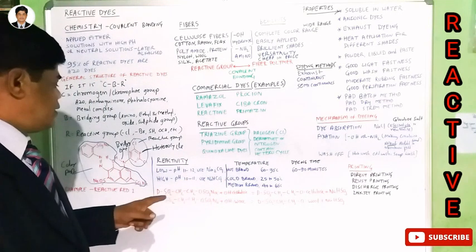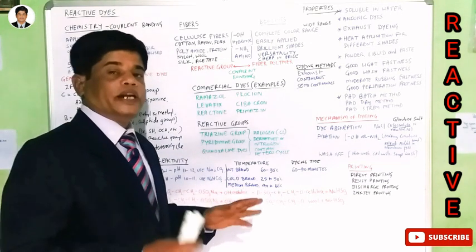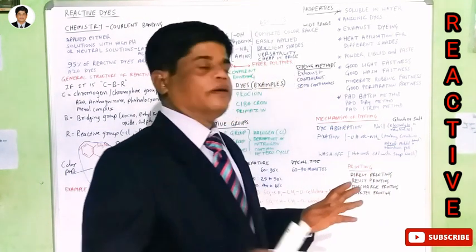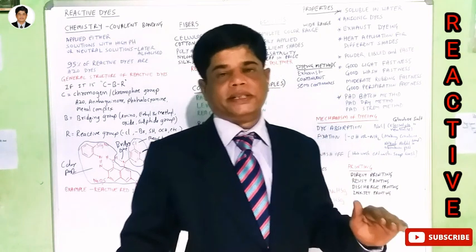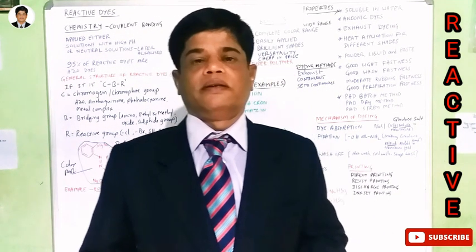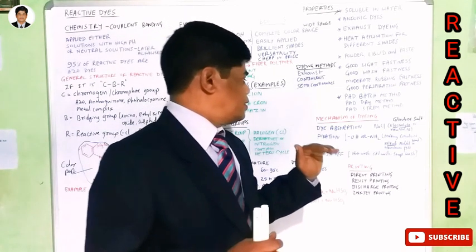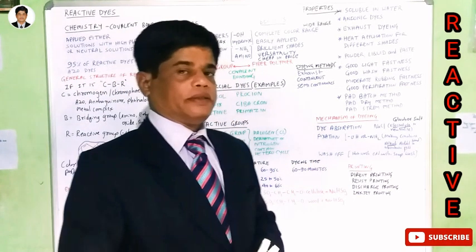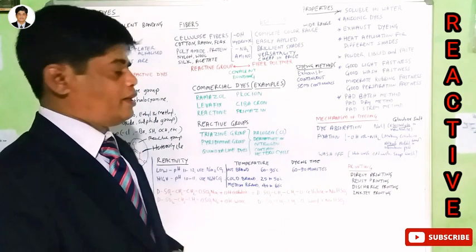That is the alkali to be added. So Na2CO3 sodium carbonate alkali is required for the fixation, and pH 11 to 12 is required for absorption and fixation. This is the process for the case of low reactivity dyes.